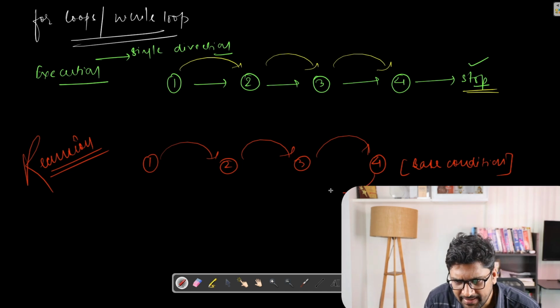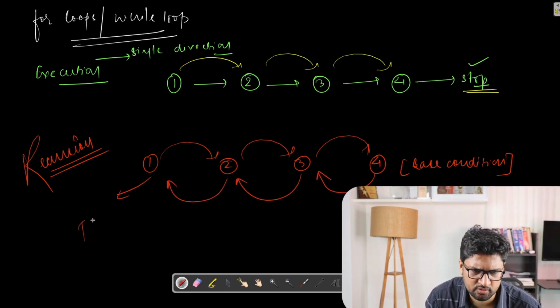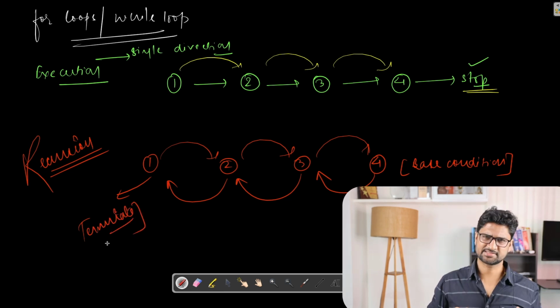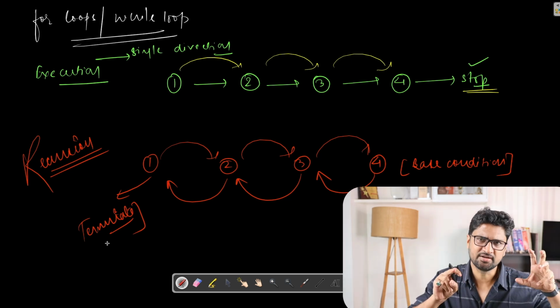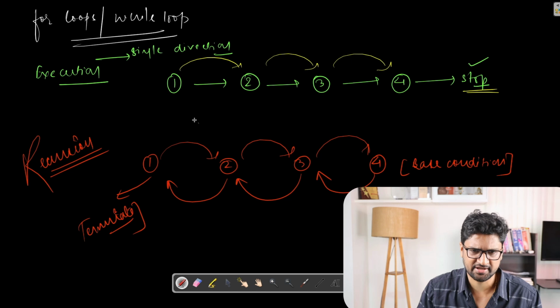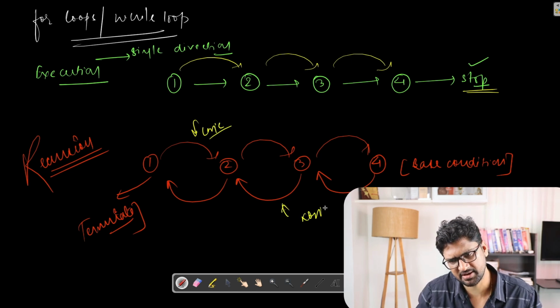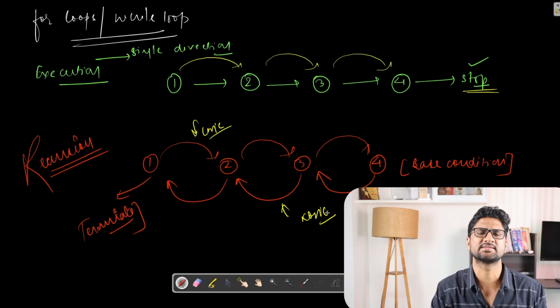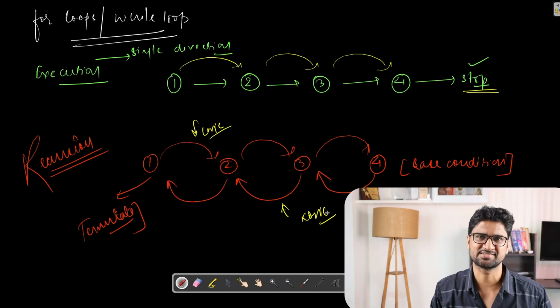You also come back to step 3, step 2, step 1 and then finally you terminate. That's the beauty of recursion. Recursion moves in both directions. So you can have the logic here and you can also have the logic while returning back. Since it traverses twice, the power of recursion becomes twice as much as the loop.